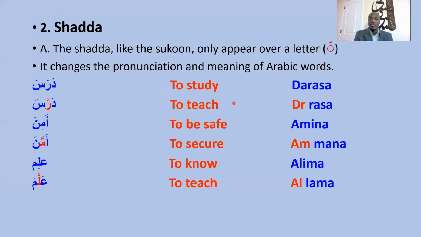The shadda affects the pronunciation and the meaning of an Arabic word. The letters are the same, but when we put the shadda on a letter, it completely changes the meaning and pronunciation of the word.